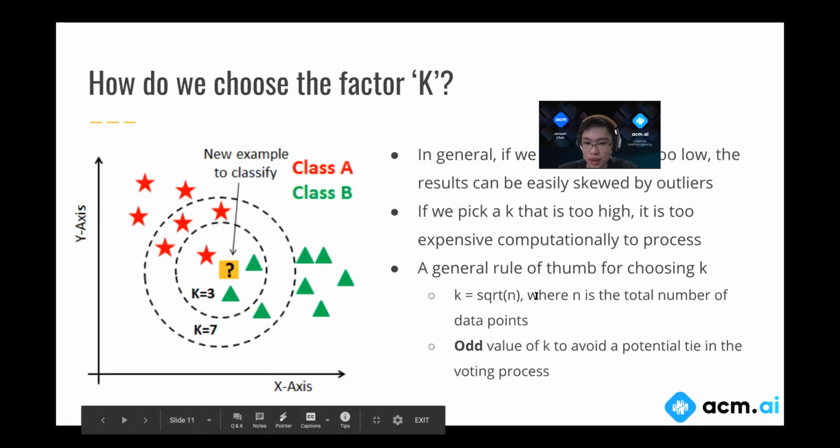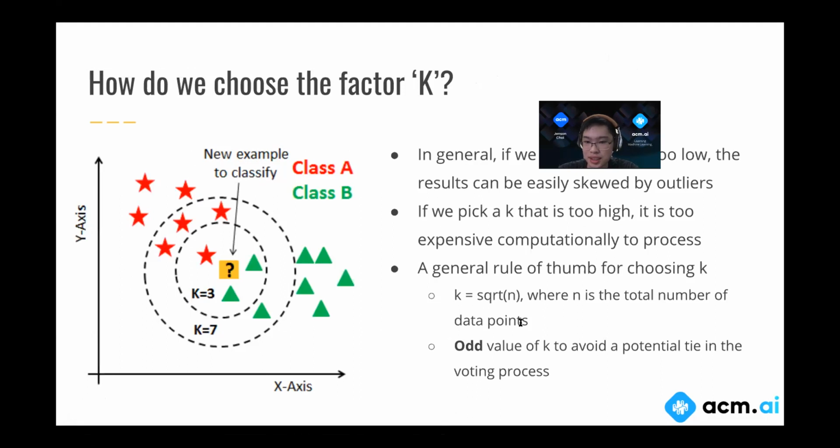Someone asked whether it matters how close the points are to a new data point. As you can see from this example, for k equals 3, this question mark is classified as a triangle. But for k equals 7, it is classified as a star. If we assume closer data points have more weight, this is really close to these two triangles, so these two triangles should have more weight on the outcome of this question mark.